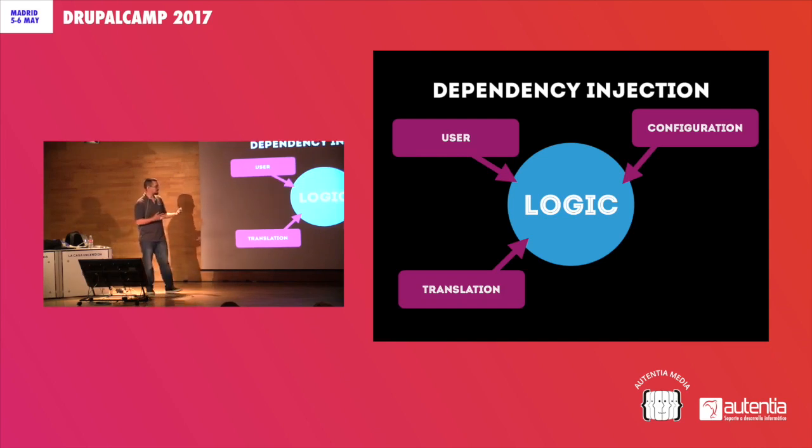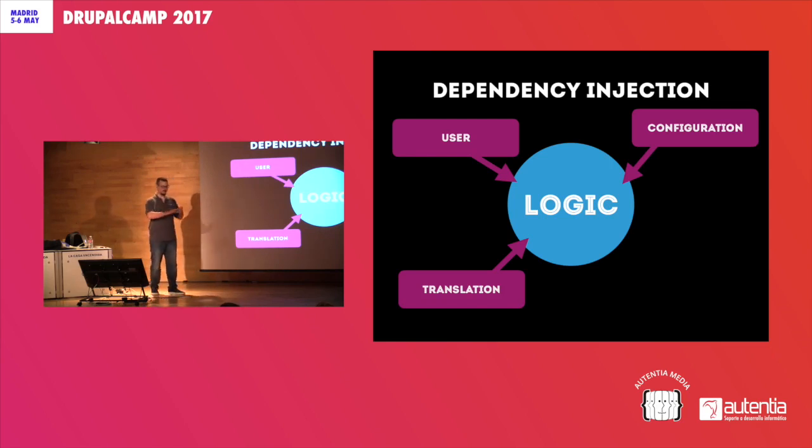There are other ways, but the most common case is in the constructor of your objects. And you will get the configuration system, the user system, and the translation system, so you can call functions on them. And if you want to switch to a completely different translation subsystem, you can swap them off.